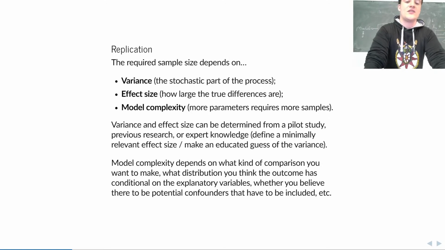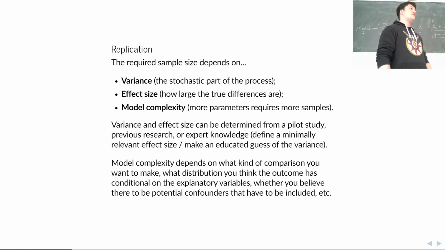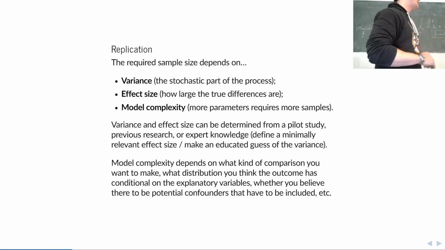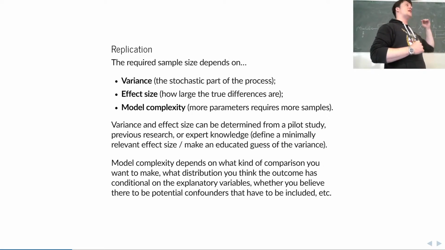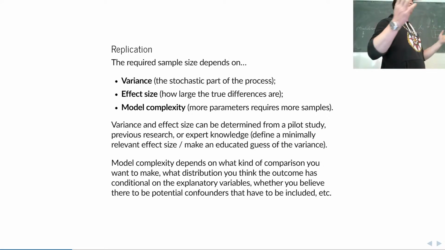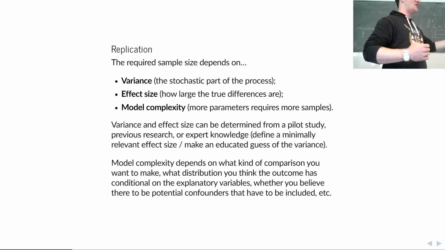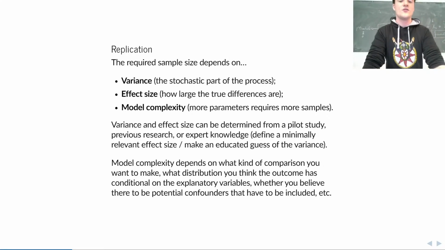Model complexity depends on what kind of comparison you want to make. If you just want to do a t-test, your model is very simple. But if you want to do a t-test using a regression model that corrects for sex, age, smoking habits and a lot of confounders, then your model complexity is higher. It also depends on what distribution you think the outcome has.